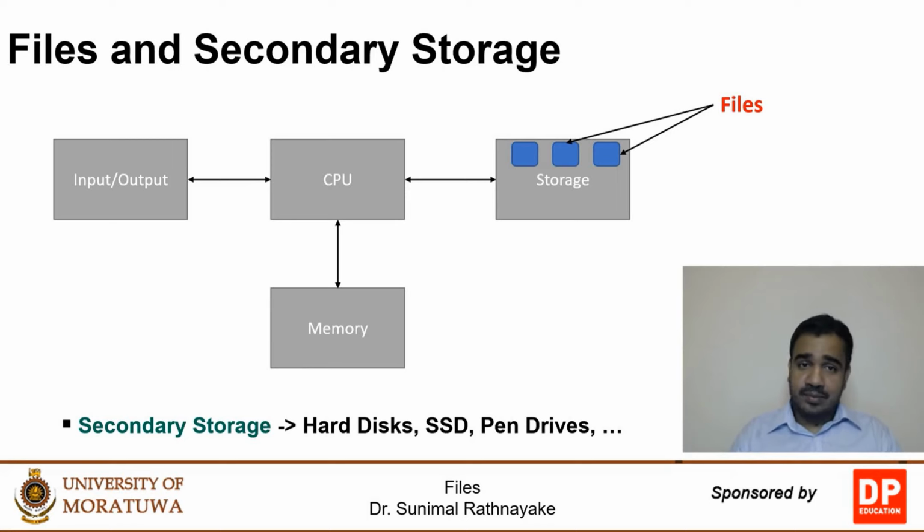Typical secondary storage devices used today include hard disks, solid state devices or SSDs, and pen drives. You may think of a few other storage devices as well. Data is stored in these secondary storage devices as files.